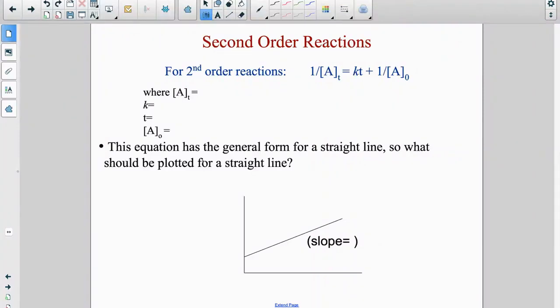So going on to the next order, we have second order reactions. And for a second order reaction that has the form like this, where A is the reactant and has a second order, when we integrate this rate law, we get this second order integrated rate law.